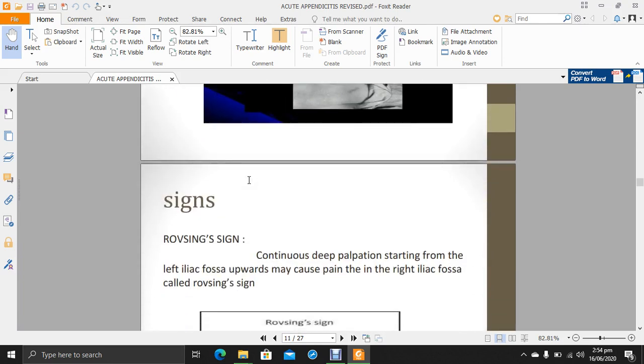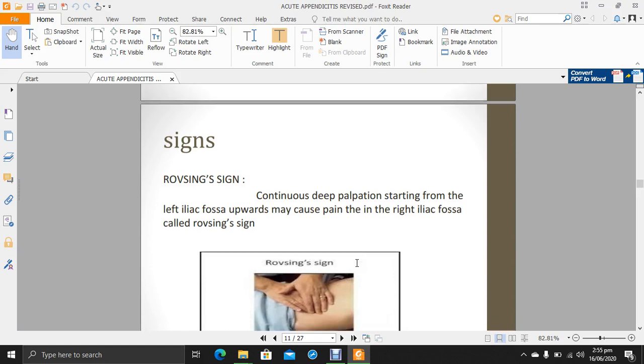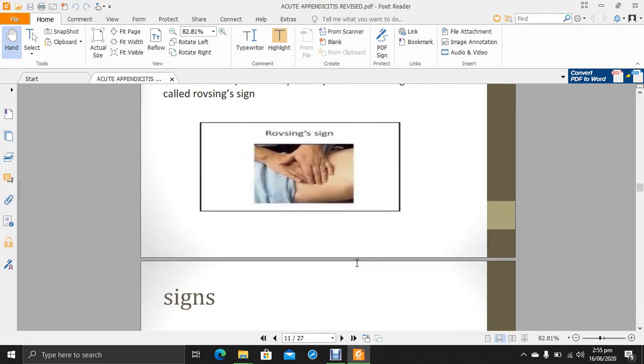Other signs are the roving sign. When you exert pressure in the left inguinal region and the left iliac fossa, the patient will feel pain in the right iliac fossa. This is the roving sign.